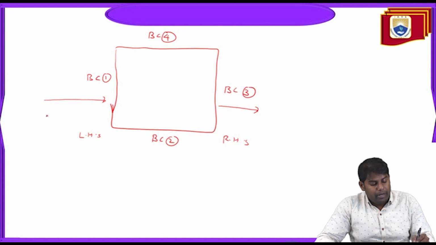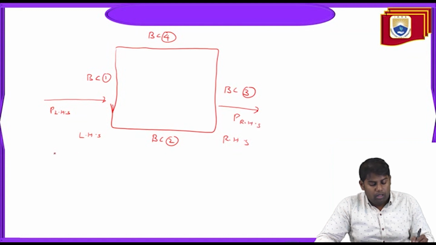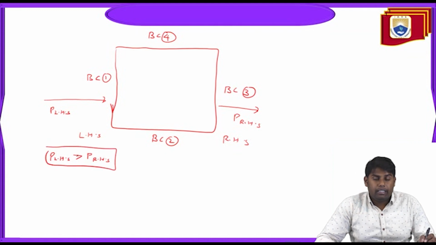So pressure at LHS, P at LHS, and P at RHS, let's say. Pressure at LHS should be greater than pressure at RHS. Why? Because the flow propagates from one region to another region because of the pressure difference.